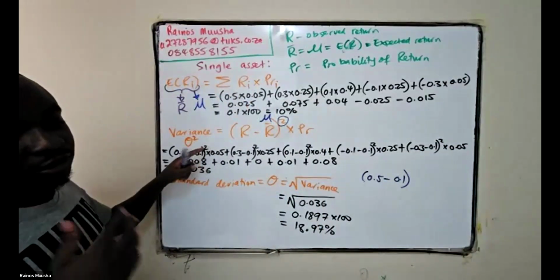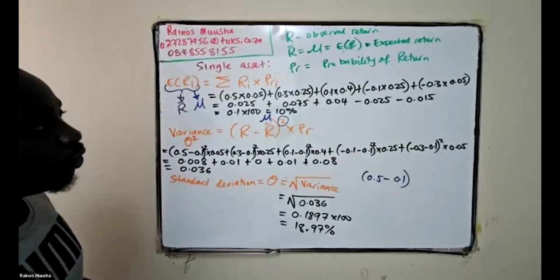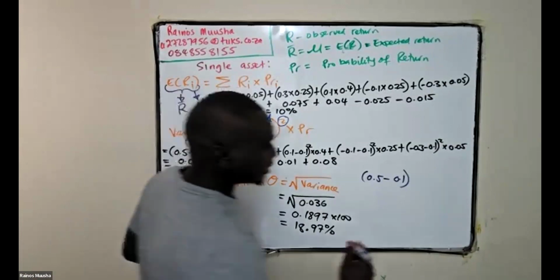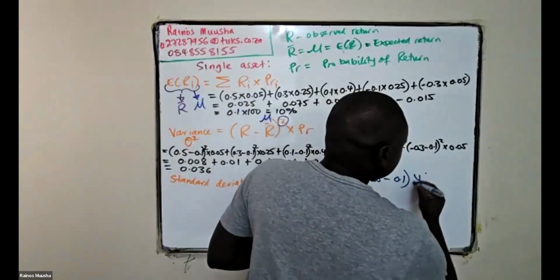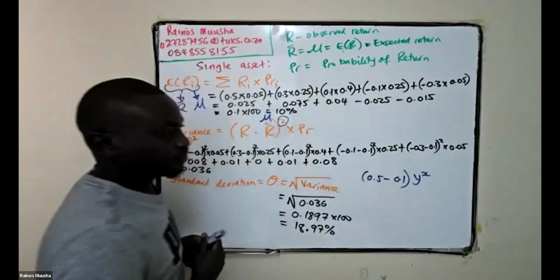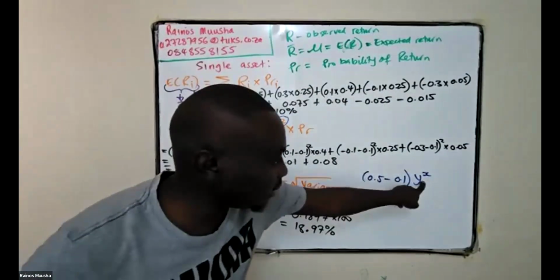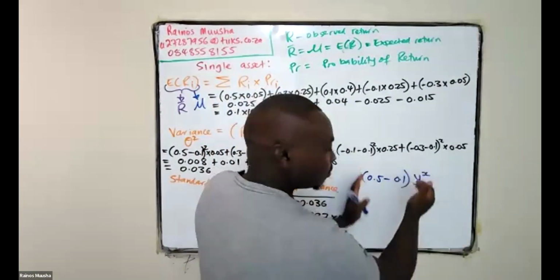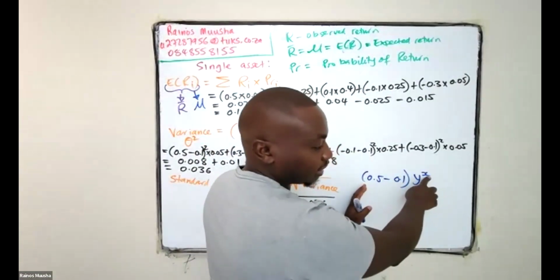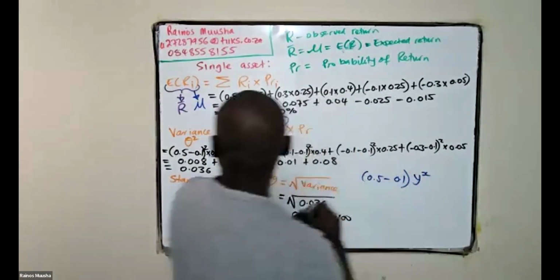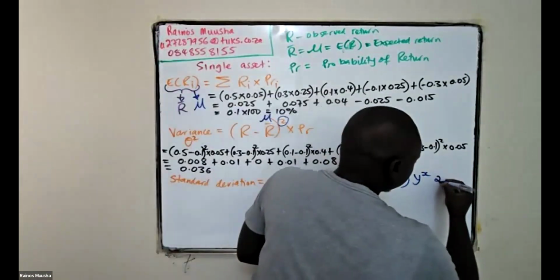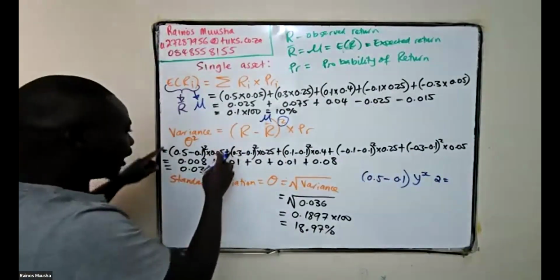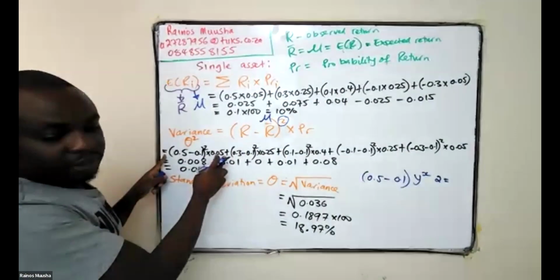Whenever you want to put something to the power of, you need to press the button with the Y and an X on top. The moment you press this button, you're saying whatever I've entered before, I want to put it to the power of something. So what is this value of X? Then you put 2. And when you press equals, you have solved this part of the calculation.